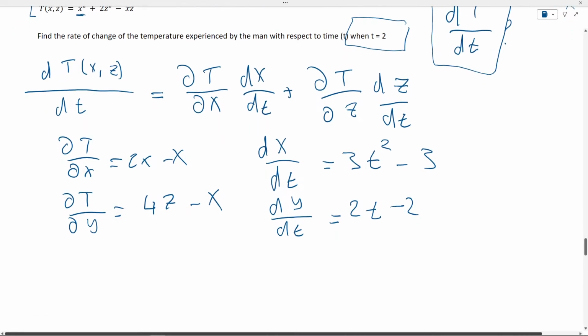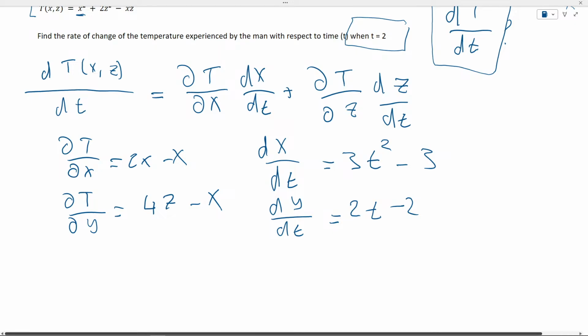So if I did everything correctly, let me just check, you just substitute everything here, and then you will have an equation.